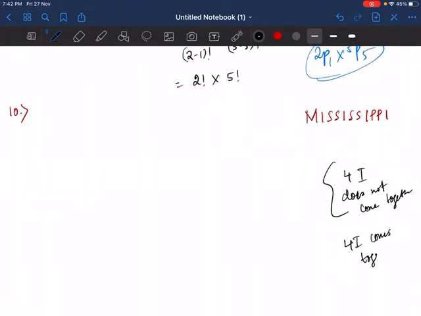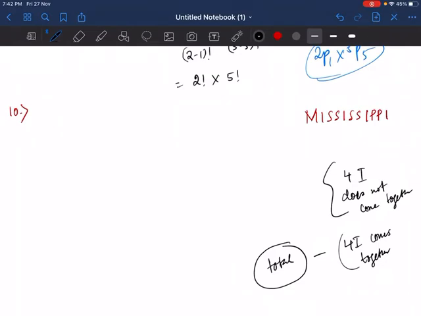Right? And then what I will do is, first we will find the total number of ways we can arrange them. Now from that total, if I subtract the number of ways in which the 4 I's come together, then we can easily get the answer that the 4 I's do not come together.